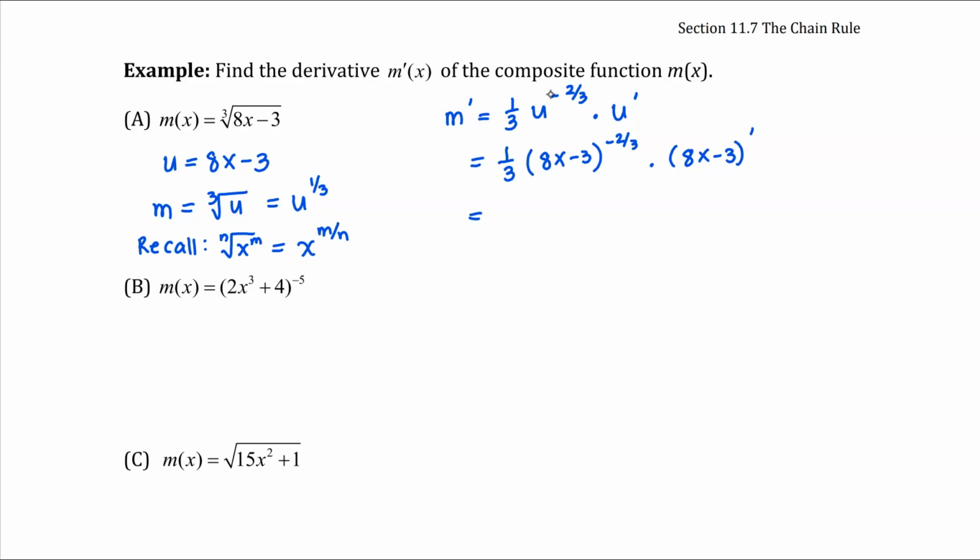So this is equal to 1/3 times 8x minus 3 to the negative 2/3 times the derivative of 8x minus 3, which is 8. So you can input your answer like this in MyMathLab, or you could also input it like 8 over 3 times 8x minus 3 to the negative 2/3.